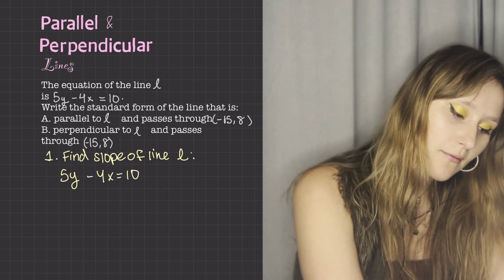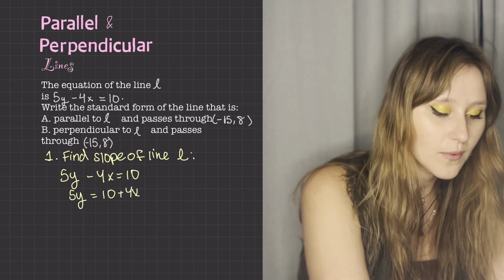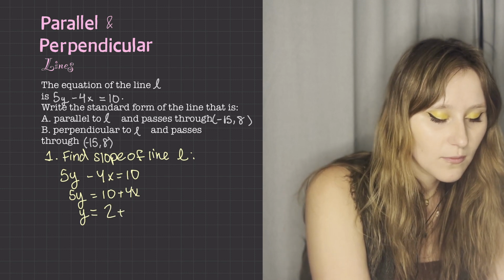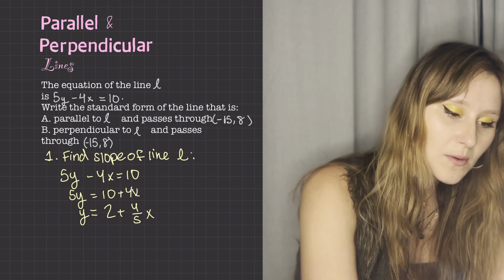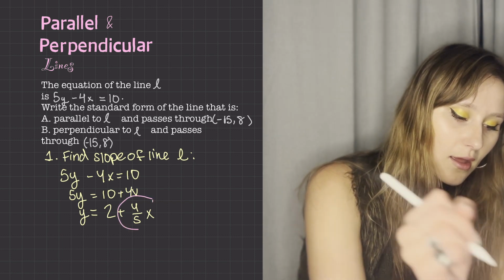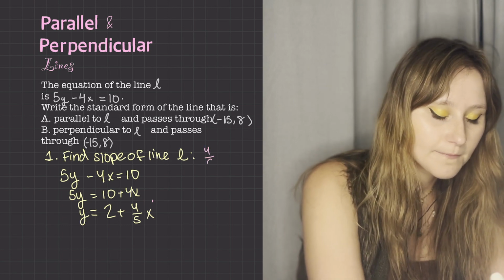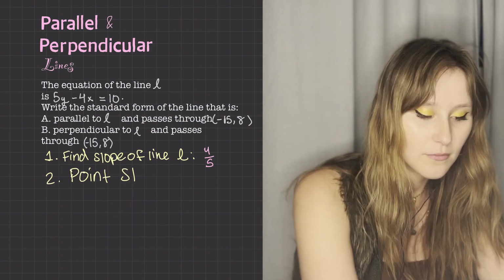We're adding 4x on both sides. And we are dividing by 5. So the slope of line L is 4/5. Okay? And that's the work I did for that.